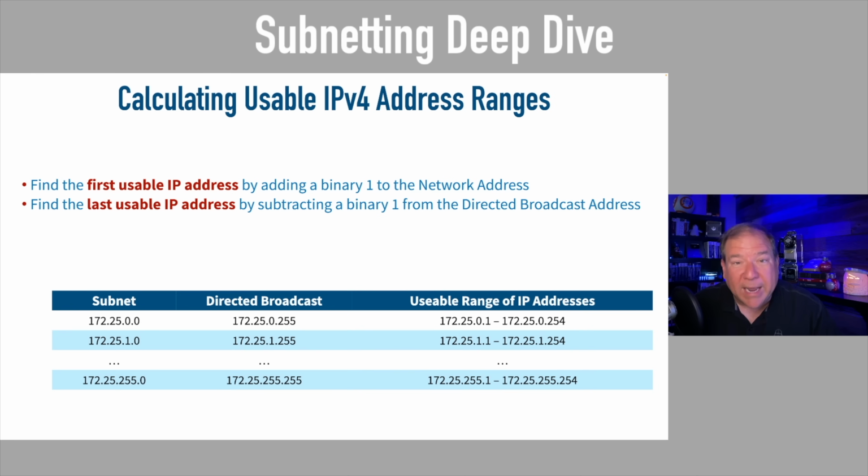The directed broadcast, you might have to use the binary to figure out your very first directed broadcast, where you set the host bits to 1 and see what that is. And we did that, and it was 255. But here's the cool thing. Once you find your first directed broadcast address, you don't have to keep doing the binary. You're going to count by the block size in the interesting octet, not just for the network address, but for the directed broadcast address.